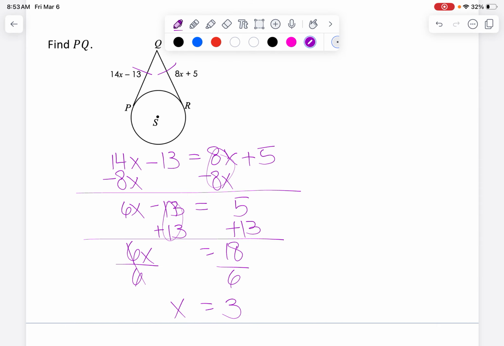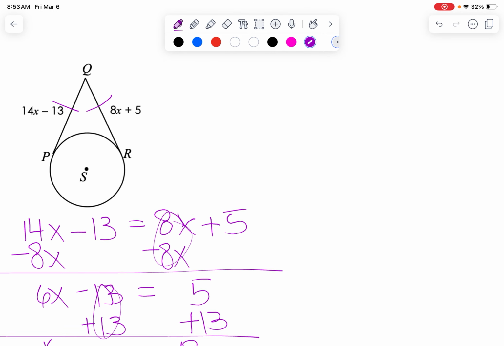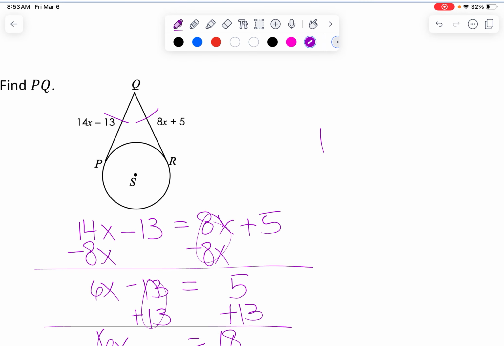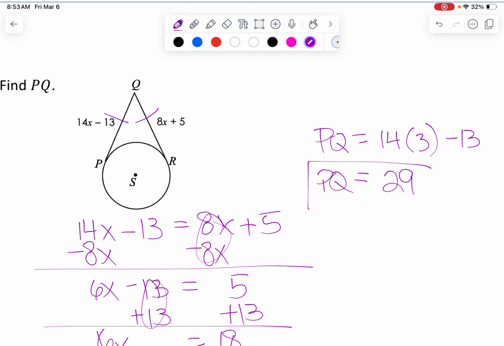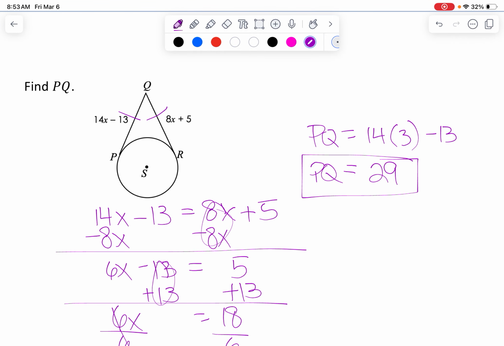Now, we do need to find PQ here, and PQ is 14x minus 13. So we know that it's 14 times 3 minus 13. Okay? So that's going to give us 29. So PQ is 29, which means then that RQ is also 29, but they just wanted us to know that one.